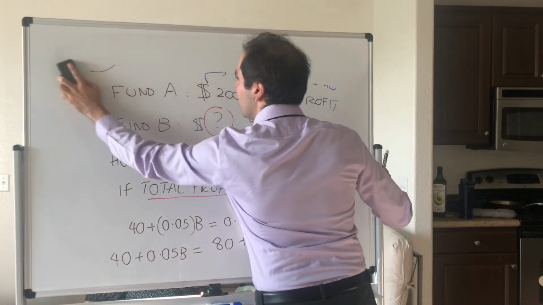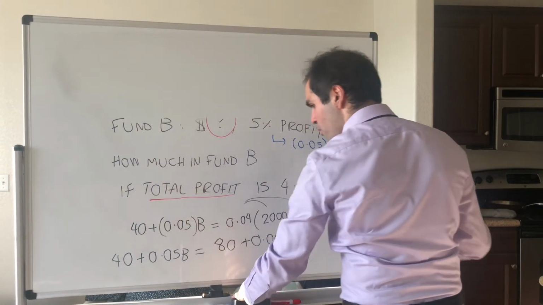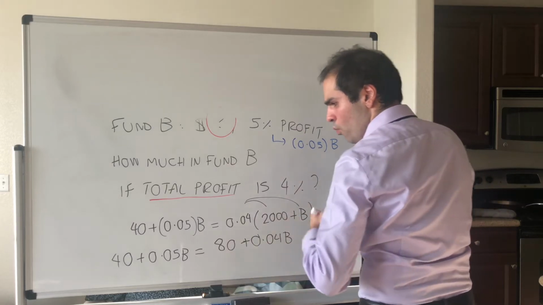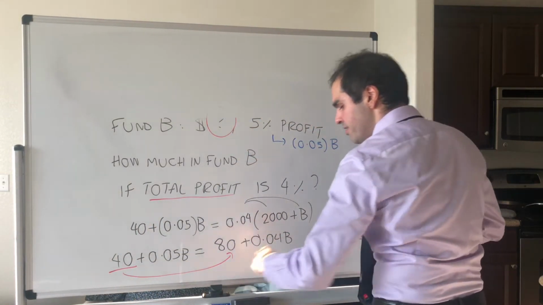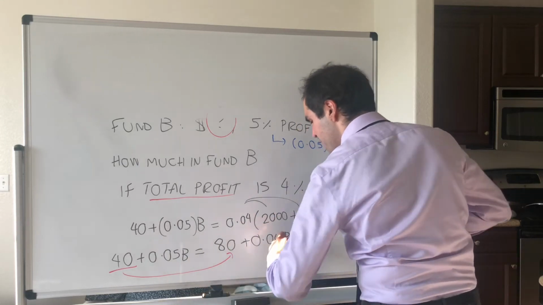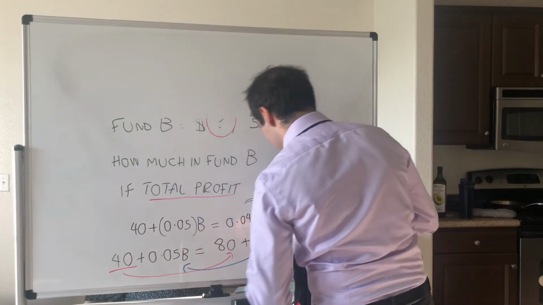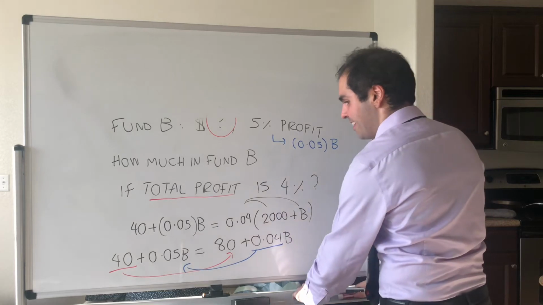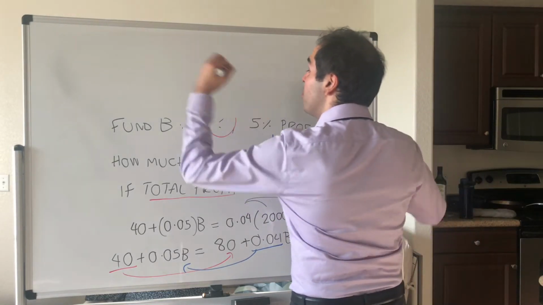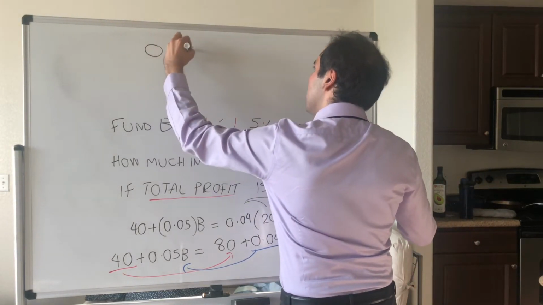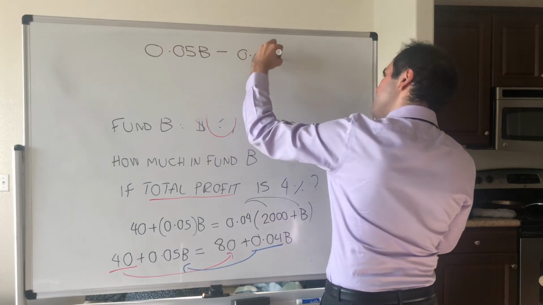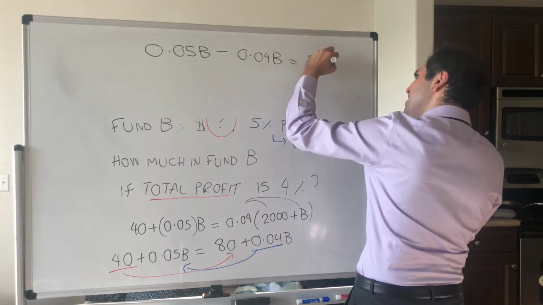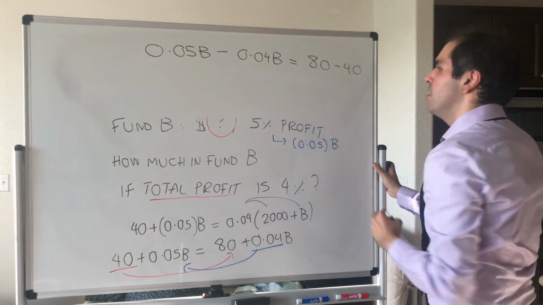So then what do we get? So we can put this 40 on the right-hand side and the 0.04B on the left-hand side to ultimately get that 0.05B minus 0.04B equals 80 minus 40.